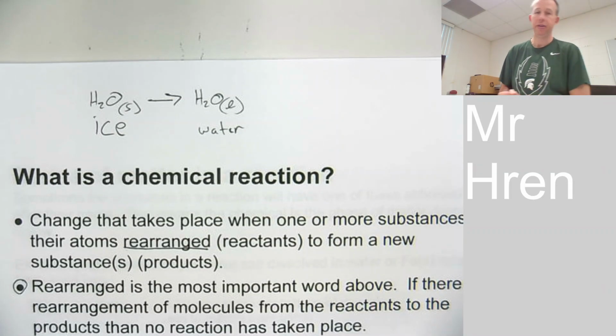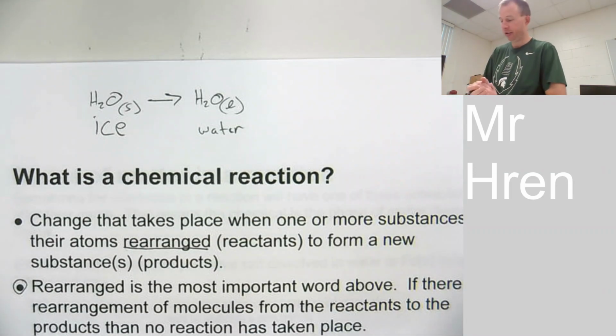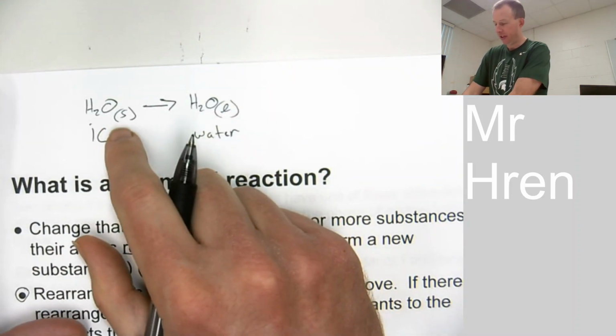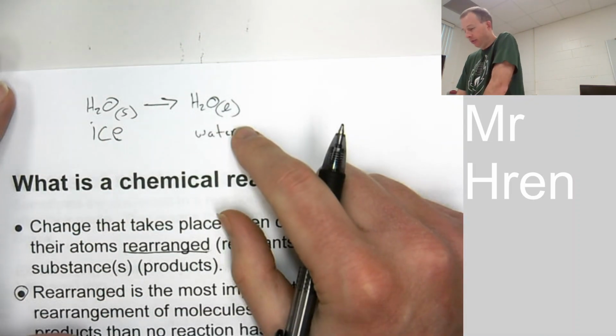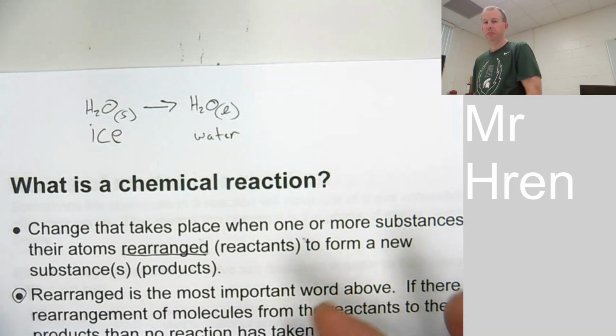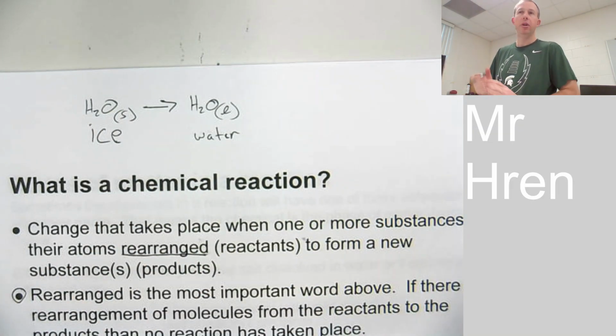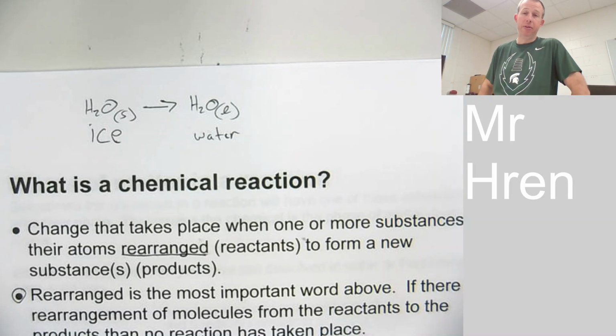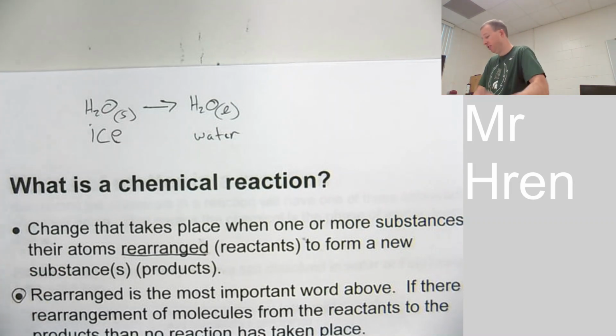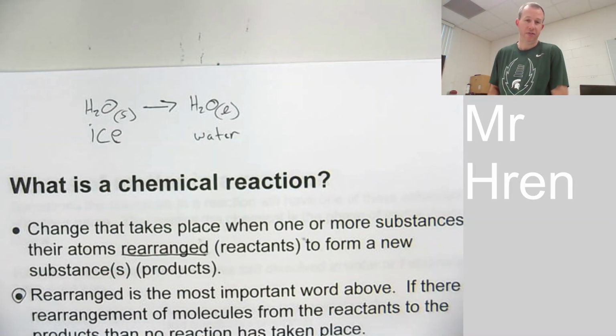That's not a chemical reaction at all. The reason this is not a reaction is because you have a solid turning into a liquid, but it's still H2O. No bonds are broken, no bonds are formed, no atoms are rearranged. This is just a phase change. This is just ice melting.